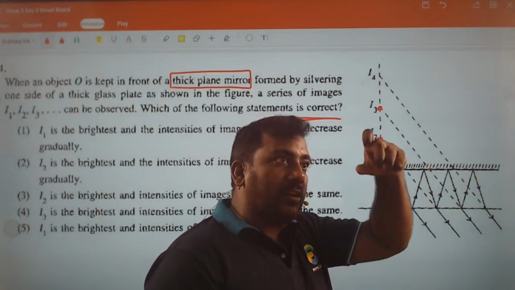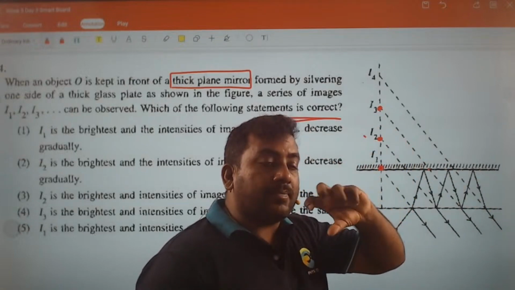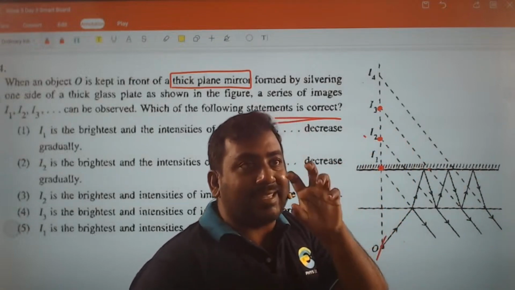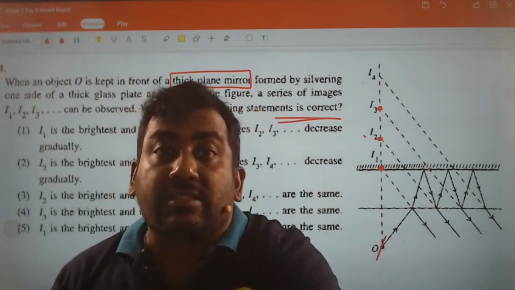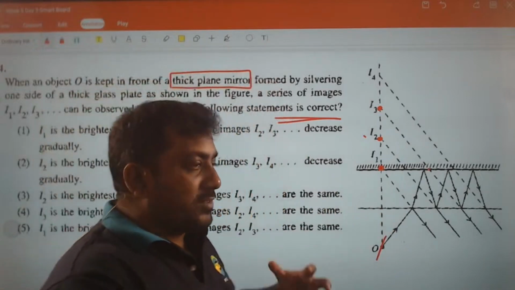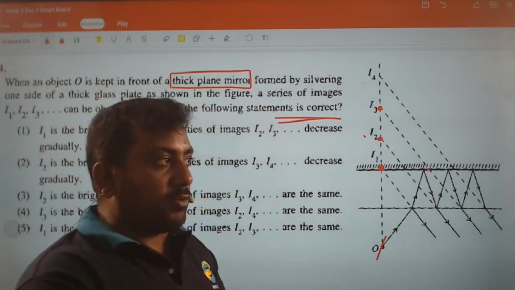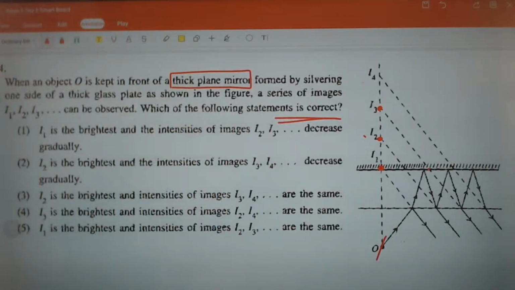The intensity of light will increase or reduce? When many reflections take place, intensity of light will reduce. So the brightness of the images will continue to reduce. Here, I1 is the brightest and the intensities of I2, I3 will decrease gradually.